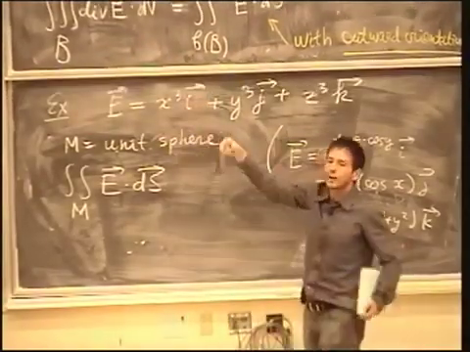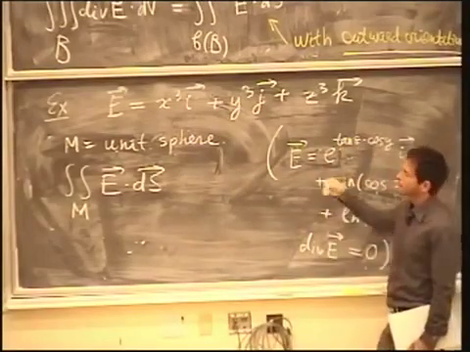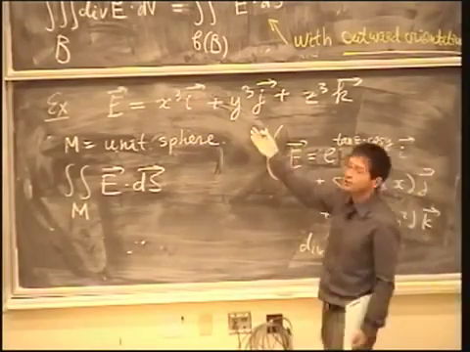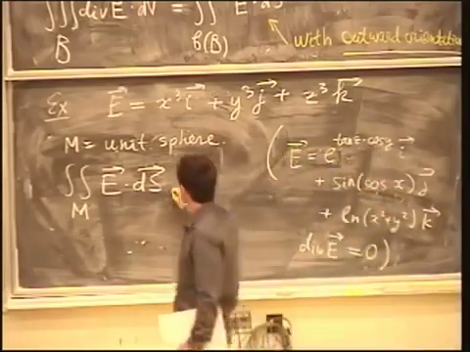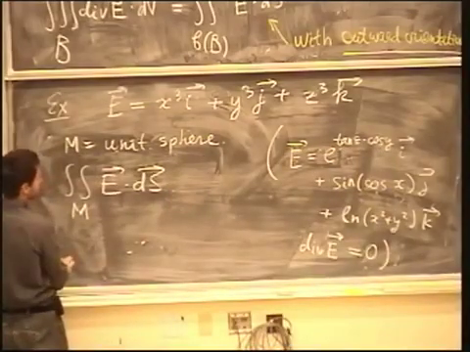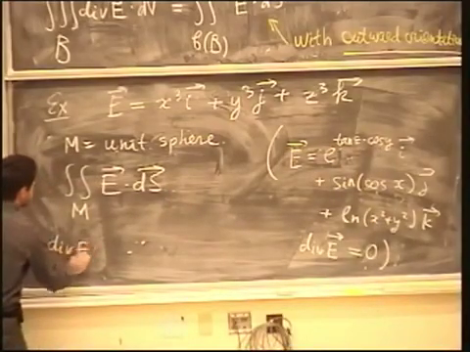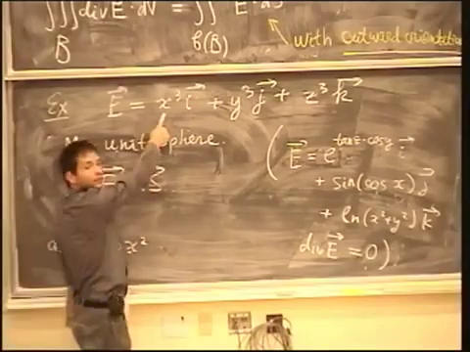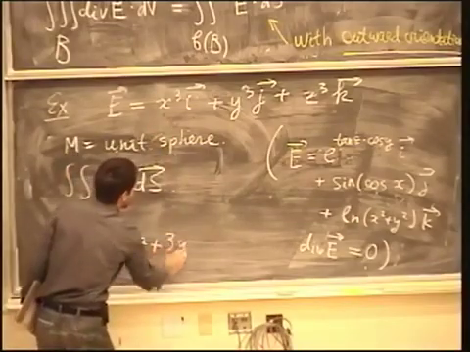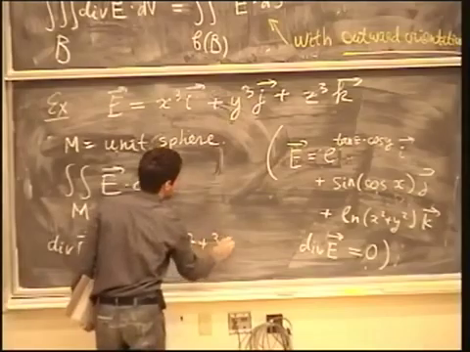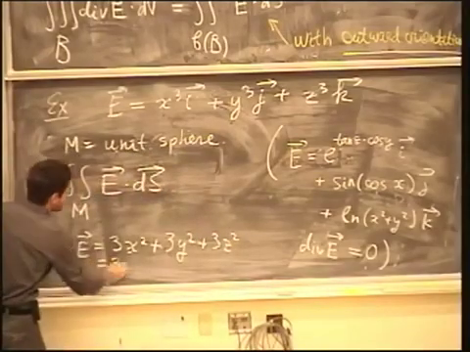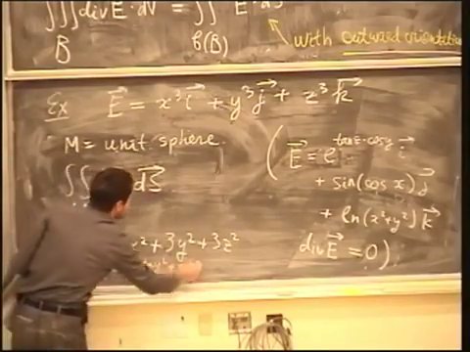What I'm giving you is not quite as obvious a gimmick, but it's a more realistic situation where the divergence is not 0. But it's very close. It's very simple. So what do I get in this case? The divergence of E is 3x squared, that's what I get by differentiating the first term, plus 3y squared by differentiating with respect to y, plus 3z squared. So it's actually 3 times x squared plus y squared plus z squared.